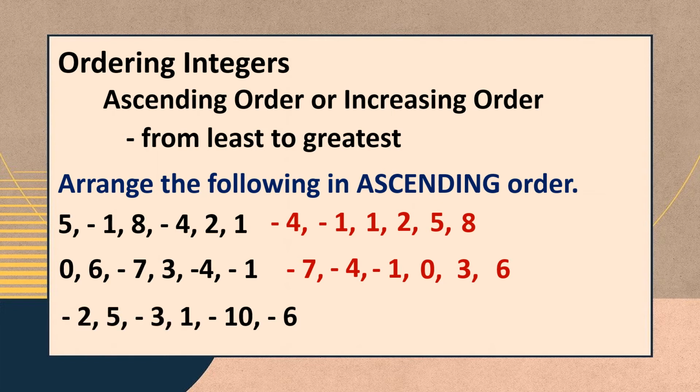Next, we have negative 2, 5, negative 3, 1, negative 10, and negative 6. So the least number is negative 10, and then negative 6, negative 3, negative 2, positive 1, and positive 5.